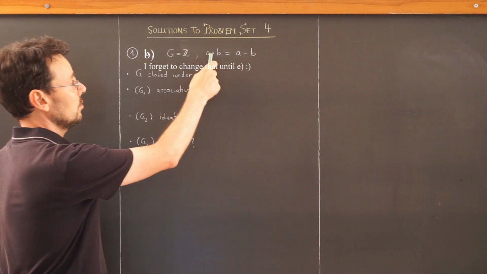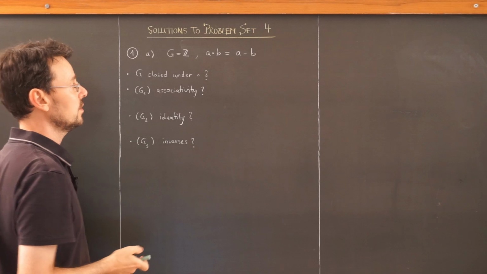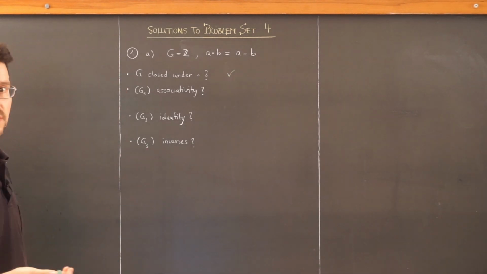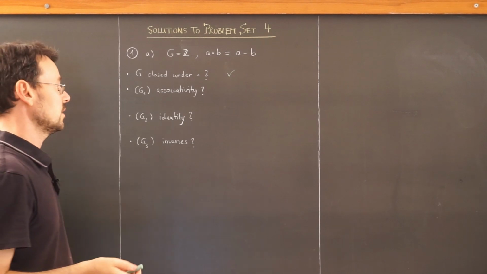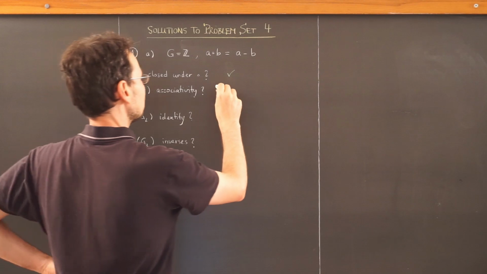With the operation of taking the difference of two integers, then of course the integers are closed. The difference of two integers is an integer again. Now, associativity. Let's try it.